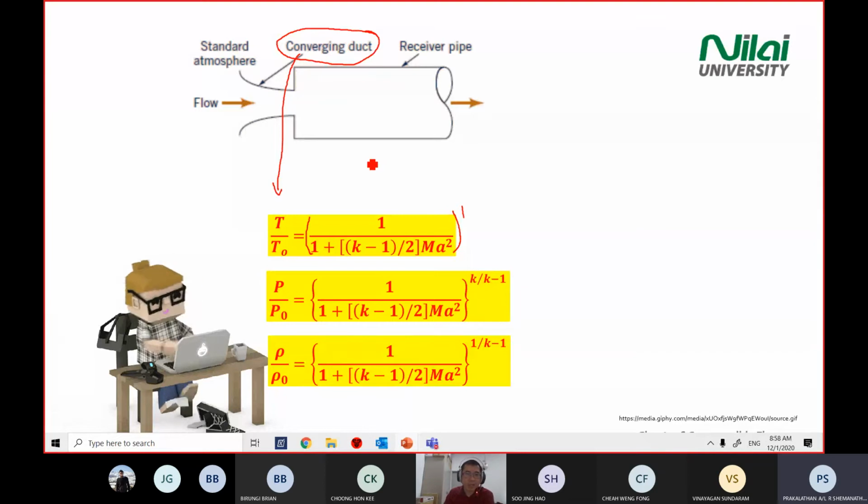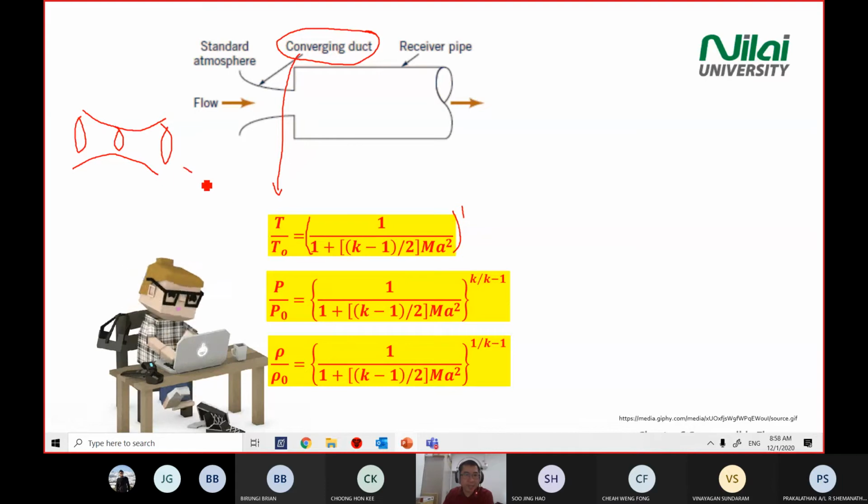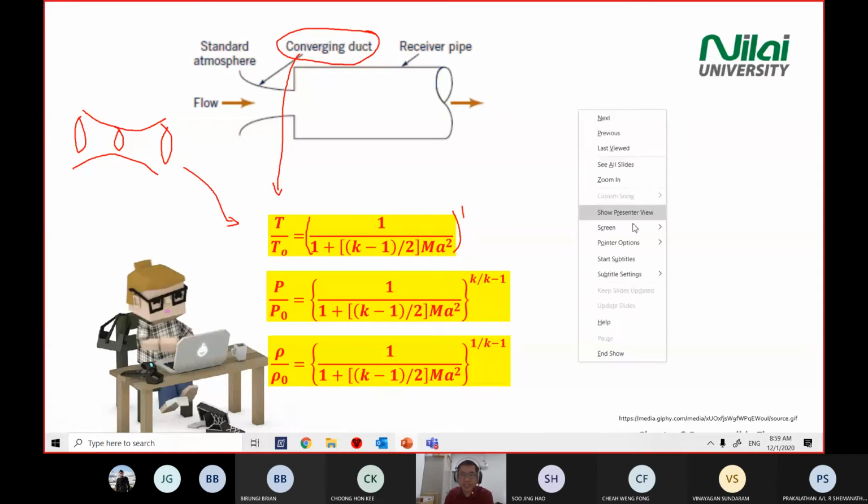Every time you are given a diagram like that, with a change of area of a certain pipe or something, it also leads you to these three equations. So this is another highlight. Like I said, we don't know the Mach number, but when you have a converging, diverging duct, most of the time we will call out these three equations.